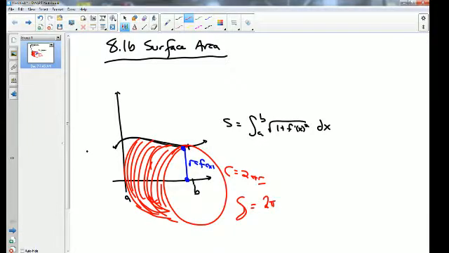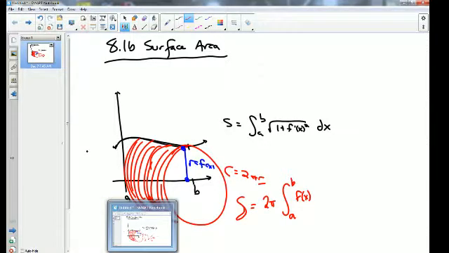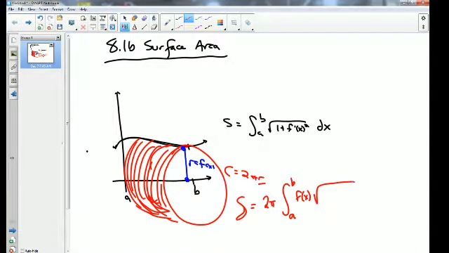2 pi integral from a to b, and the radius is f of x. That will give you one circle circumference. Now we just need to multiply by the length of the arc to get the entire shape. And there's your integral.